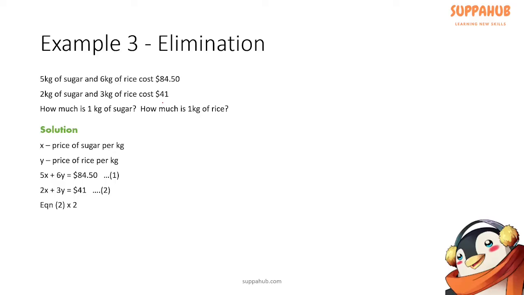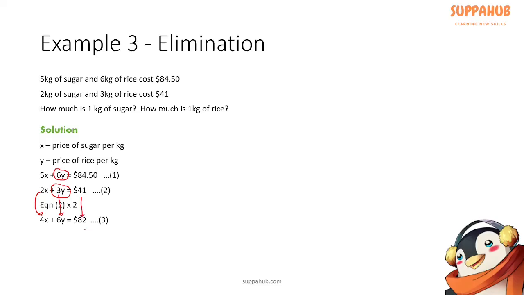It's not an ideal problem that is easy to apply, but you can see here that you have 3, which is half of 6. So if you multiply equation 2 by 2, you multiply everything by 2. So 2x becomes 4x, 3y becomes 6y, 41 becomes 82, right?